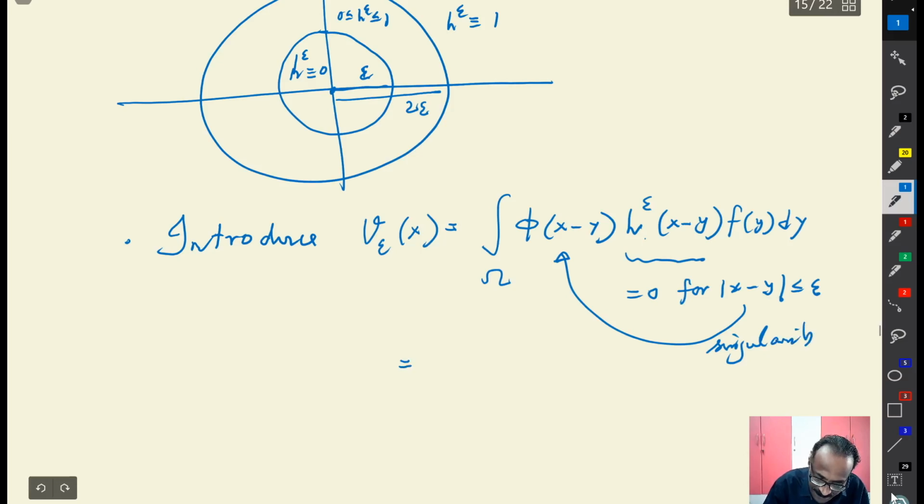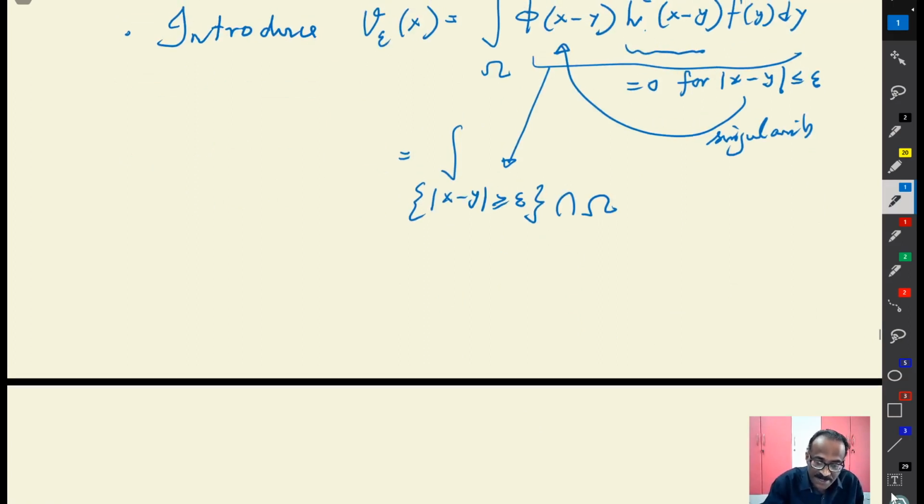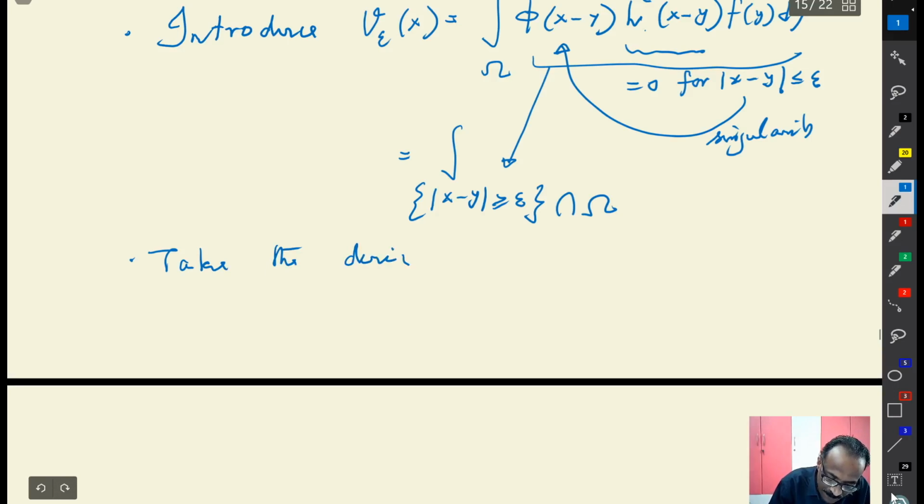So in fact, this is nothing but the integral over mod x minus y greater than or equal to epsilon, intersection omega. So you see, there is no singularity, so you can take the derivative inside, because everything is nice and smooth.